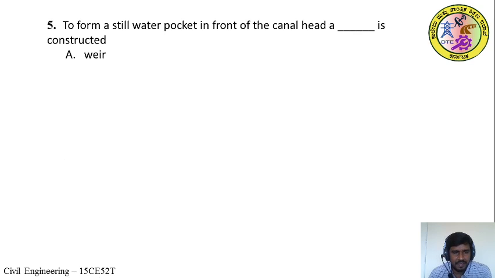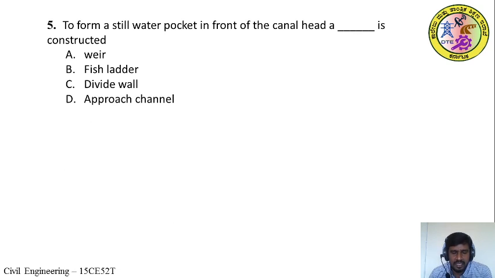A, weir, fish ladder, divide wall, approach channel. Okay, in front of which is an approach channel constructed? Okay, the answer is C, that is divide wall.